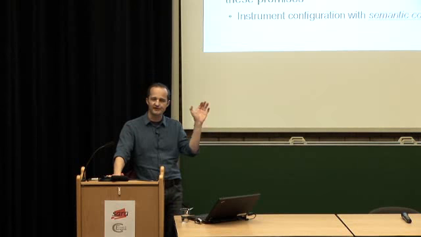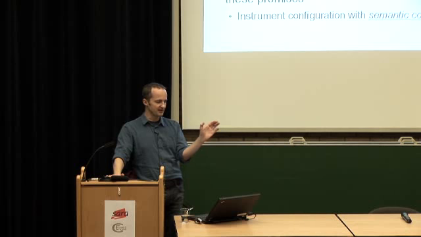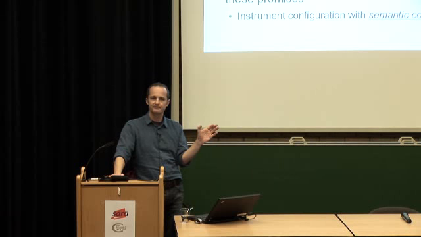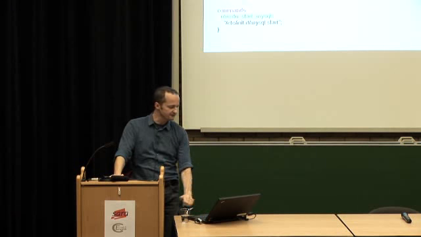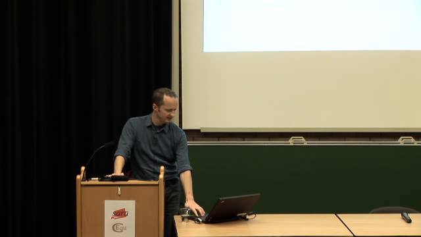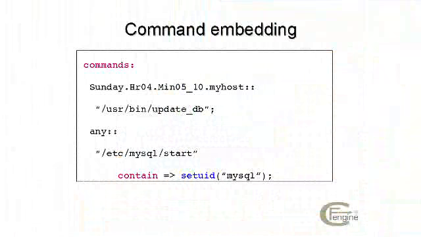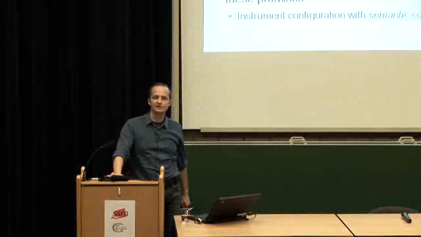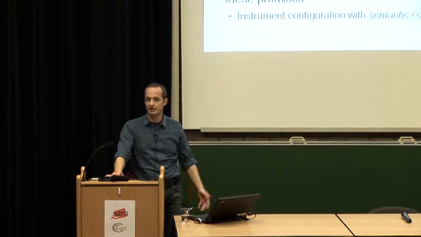The first thing in the promise, this affected object, that's what is being affected. When and where, that's these green classes. In this command embedding example and this cron-like execution example, we saw when and where. These classes will tell us when and where certain promises should be kept.